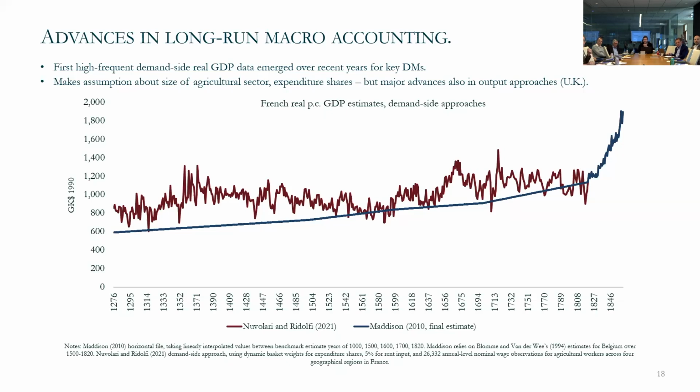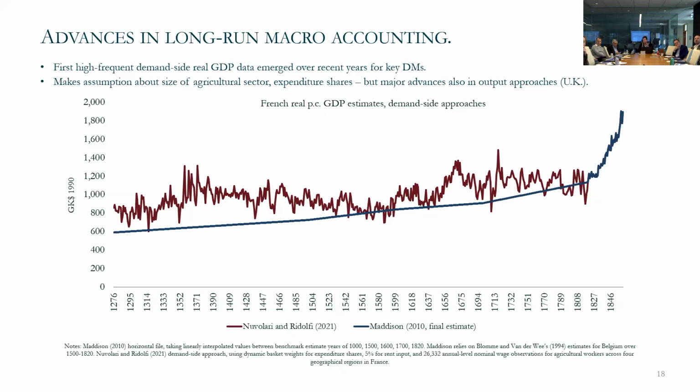Now in red, you see a new estimate by one French and one Italian researcher, published last year, a new real per capita GDP series for France, starting in 1276.